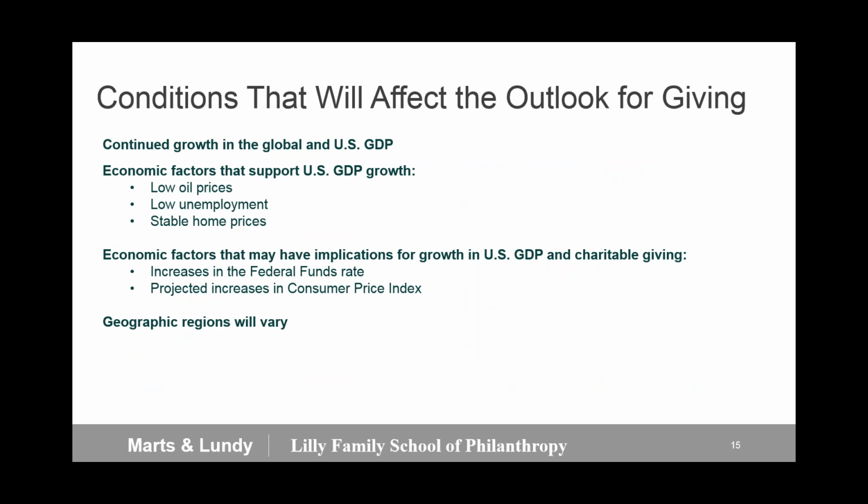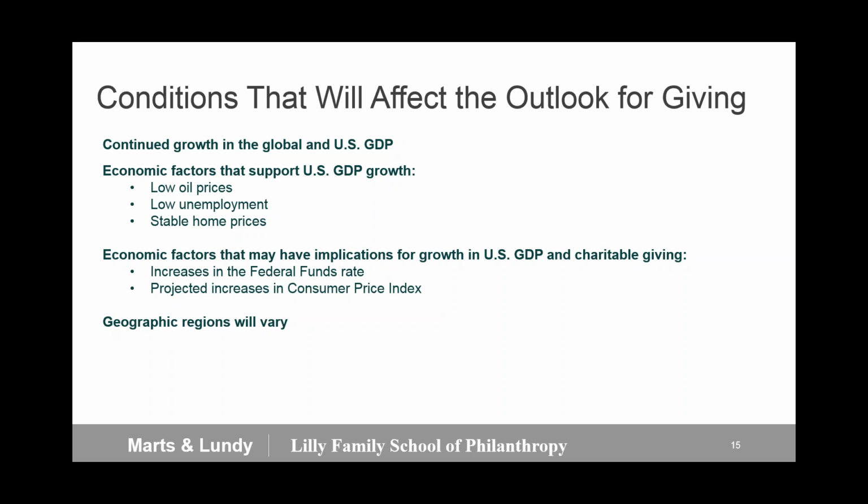Now, as we think about the outlook and how we can use these numbers to inform the work that we do within the nonprofit sector, I think the conditions that will continue to affect the outlook overall depend on the underlying growth in both the U.S. economy and the global economy as well.